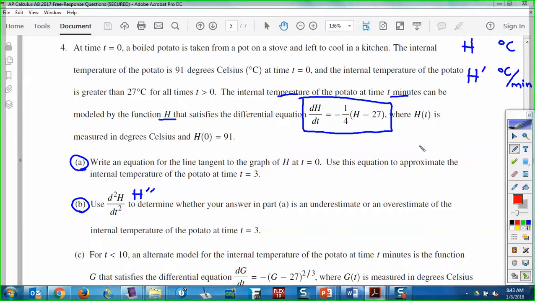Point and a slope. And this is a no calculator, by the way. No calculator.